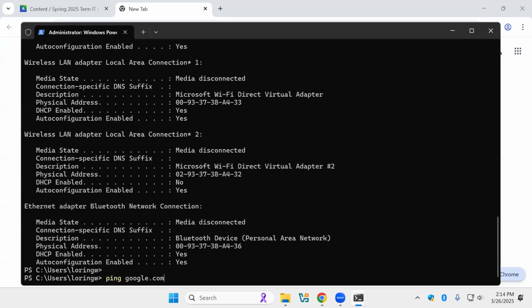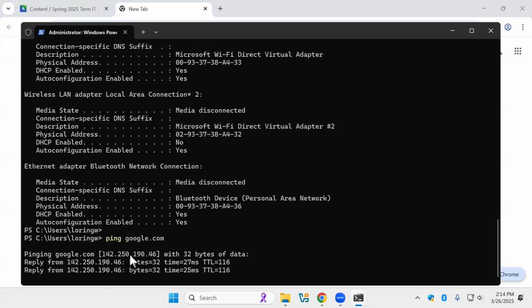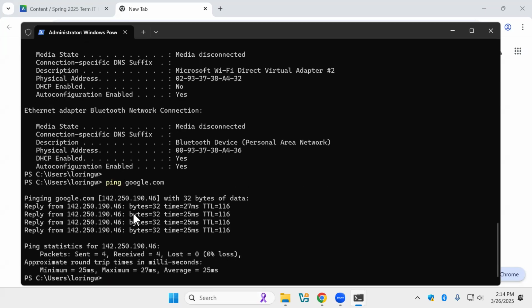Is it easier to remember google.com? Yeah. Would it be just as easy to remember 142.250.190.46? Oh, absolutely. If you really like numbers, but no. So there's a translation service called DNS that says, oh, you want to go to google.com? This is the number that you want.